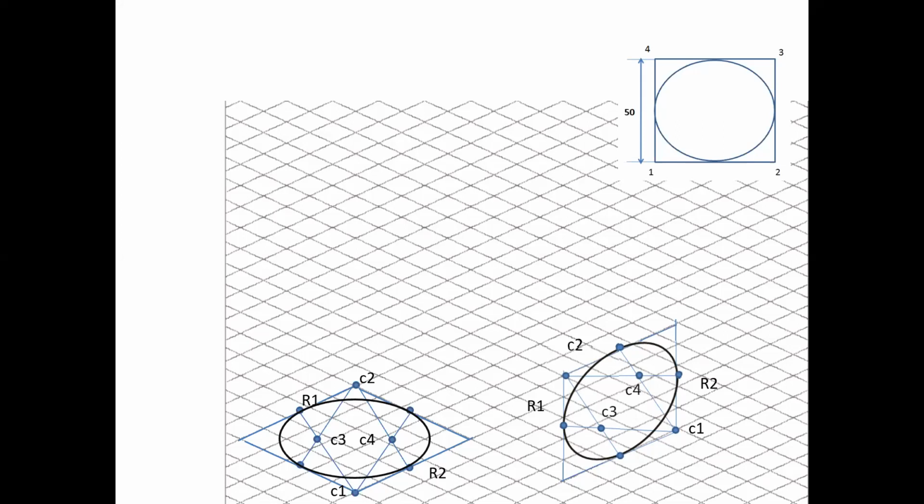Similar to this, you can draw it on the left side by constructing a square of 50 by 50 on the left side. So now what you should do is, you need to select any two opposite points. Name the points as C1, C2. Next thing, select two opposite lines and mark its center for both the points C1 and C2.